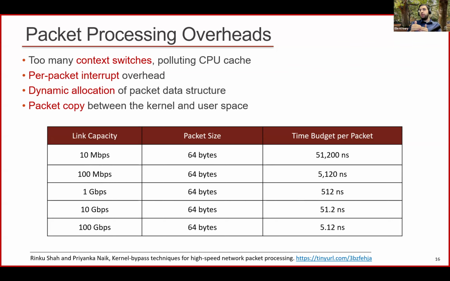But when we start going to higher rates, like 10 gigabits and 100 gigabits per second, we see that we have a few nanoseconds of time budget for that packet to be processed. Now, with all the overheads that we discussed here, this is already passing those few nanoseconds by a lot. And that really prevents us, with the current architecture of packet processing in servers, from reaching high rates.